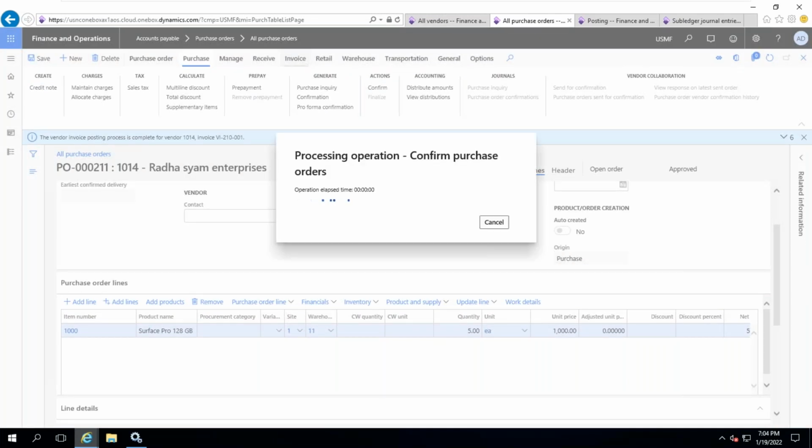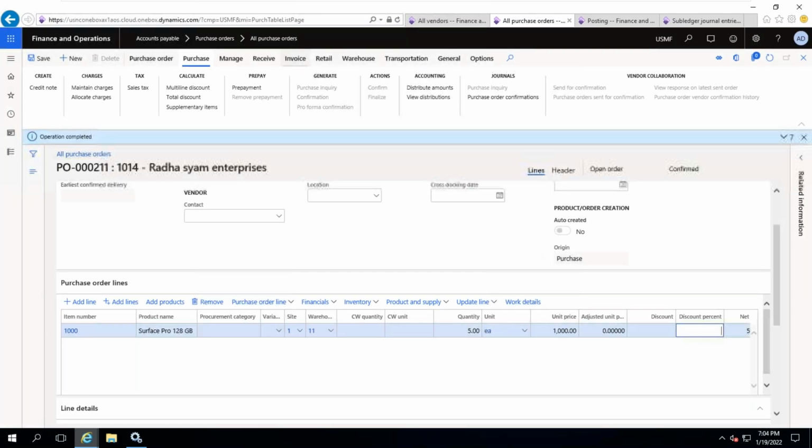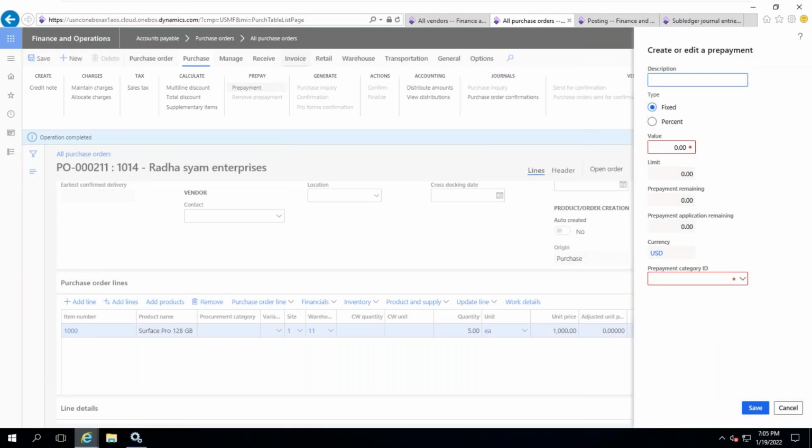Give me a second, it is processing. So I'm doing the prepayment. Suppose I'm paying a 10% advance. I'm selecting fixed amount or percentage; you can enter whichever way you want.